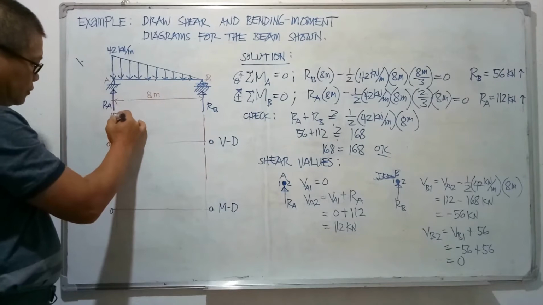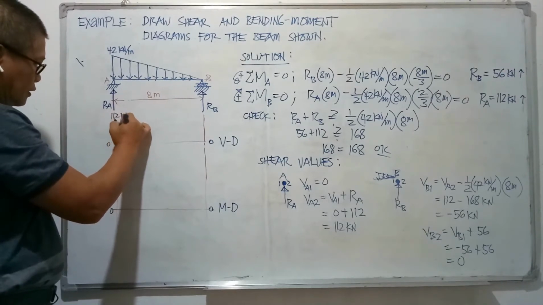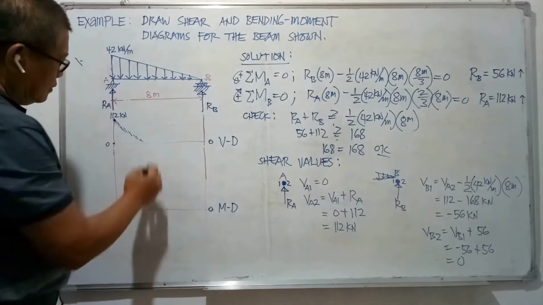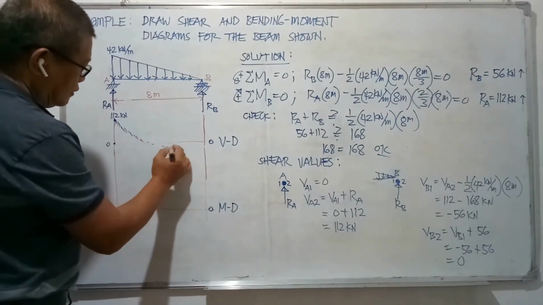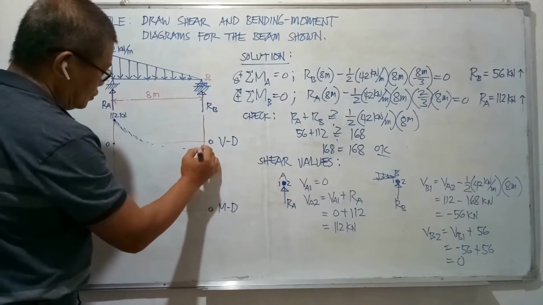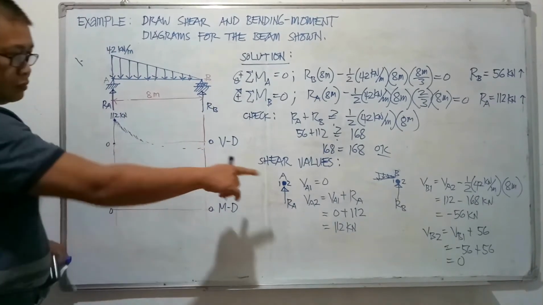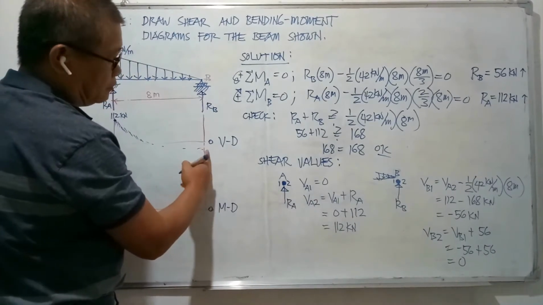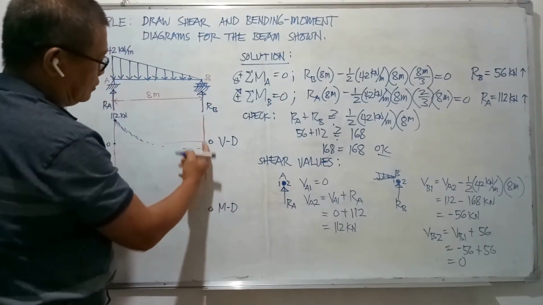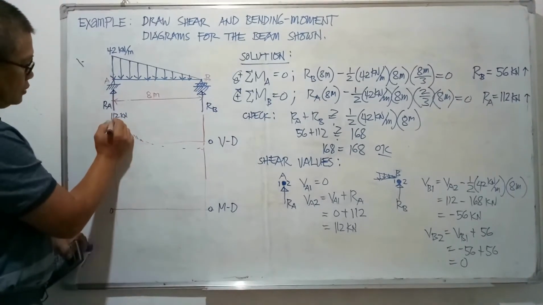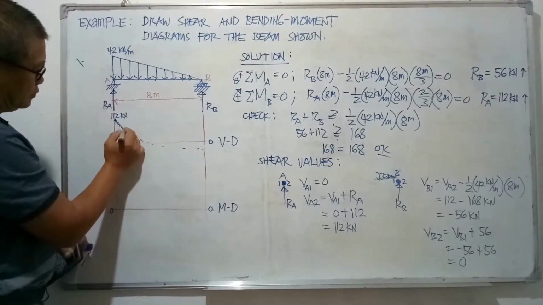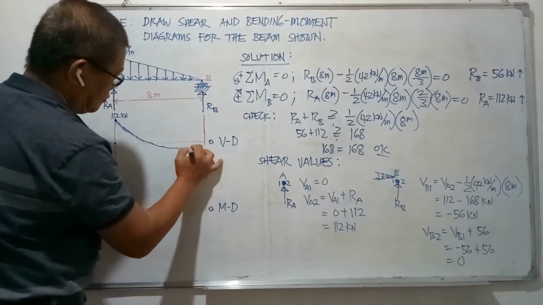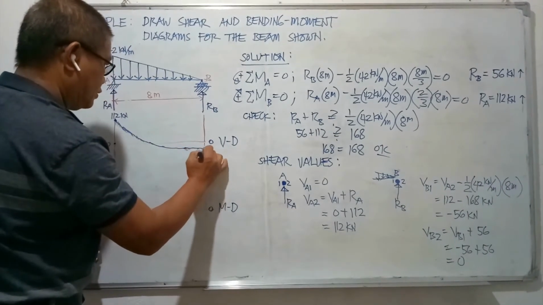From the maximum slope here, it gradually decreases and then goes to a value of negative 56, and then plus the reaction at R sub B it is back to 0.